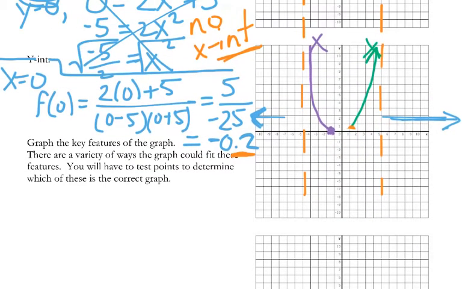We said that the green and purple graphs did not work because they created x-intercepts that did not exist. So let's draw our y-intercept back in. Alright, our graph is going to hug the vertical asymptote, come up, touch the y-intercept, and come back down hugging the vertical asymptote.